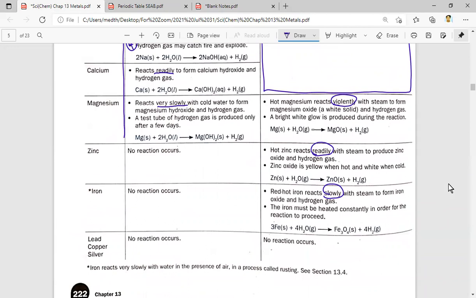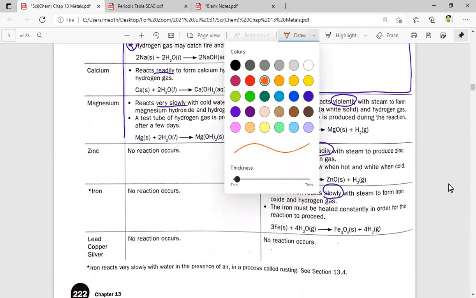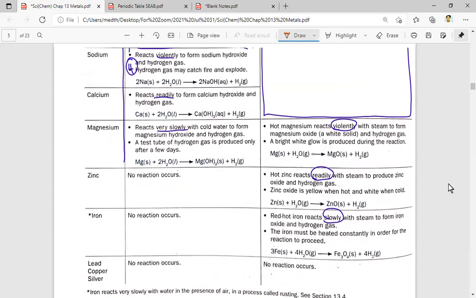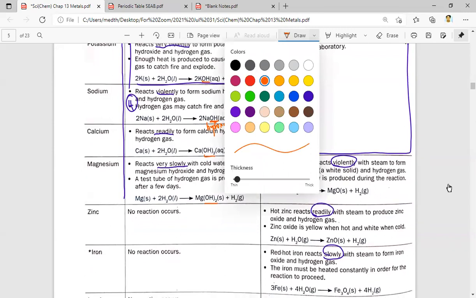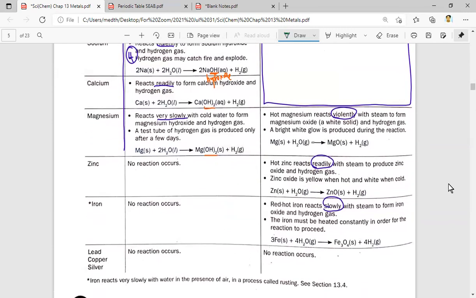Now for the reaction with steam, I need you to take note of one thing. It is what I've mentioned before, but I'm going to mention it again. Please take note of the difference here. When the reaction is with cold water, I get hydroxide. So that's why calcium hydroxide, magnesium hydroxide, sodium hydroxide, potassium hydroxide. But when I react with steam, it gives a different one.